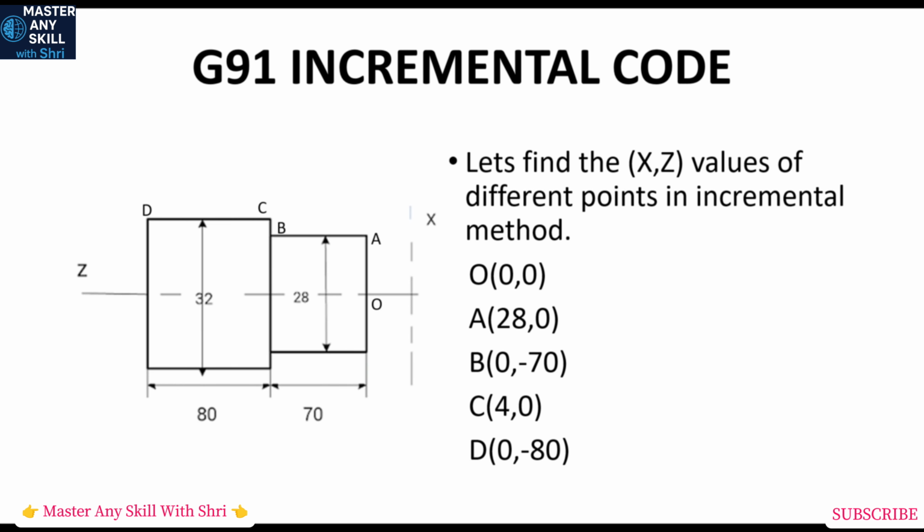So this is our incremental mode. You can use any one mode, absolute or incremental, to calculate coordinates. In this course, I am going to use absolute mode as it's easy to understand and has much less confusion than the incremental method. But you can use any one of these two methods.